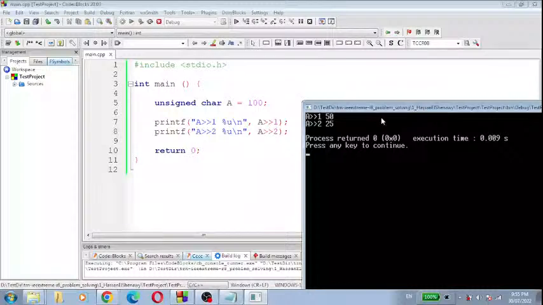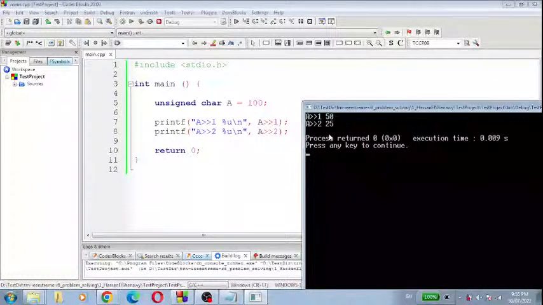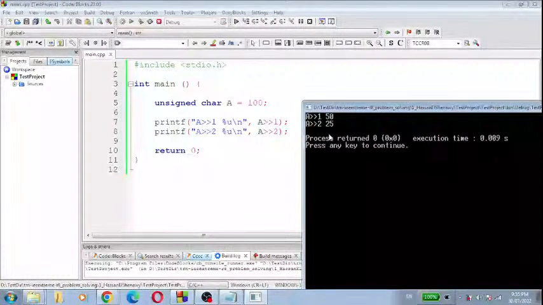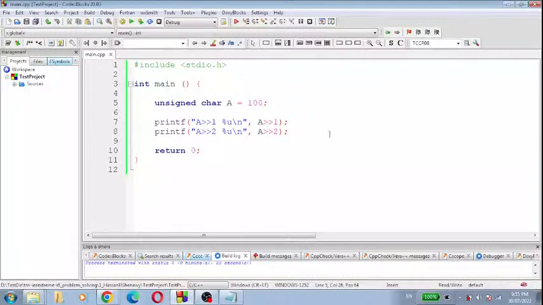You see, you have 50, then you have 25. So it is something like you divide 100 by 2, so you got 50, then you divide 100 by 4, so you got 25. So shifting right is also making some division here. You are going to get the same result as division by 2. Okay, you see, this is the second note.